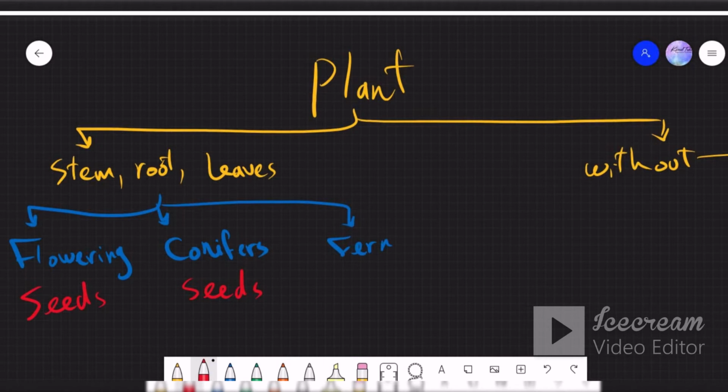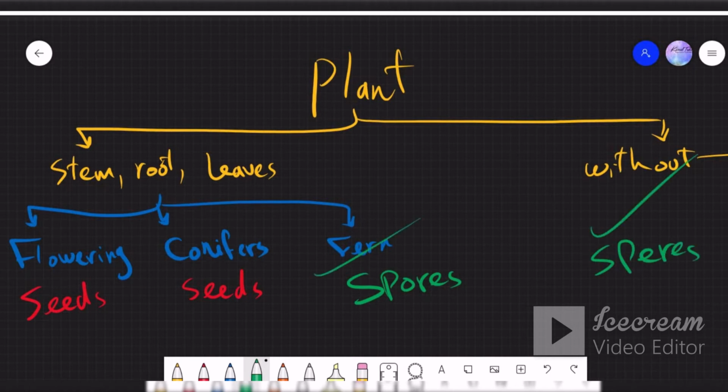But on the other hand, ferns and all the plants without root, stem, and leaves, all of them reproduce by spores. We spoke about all of them before, about ferns, about mosses, and other plants without root, leaves, and stem.